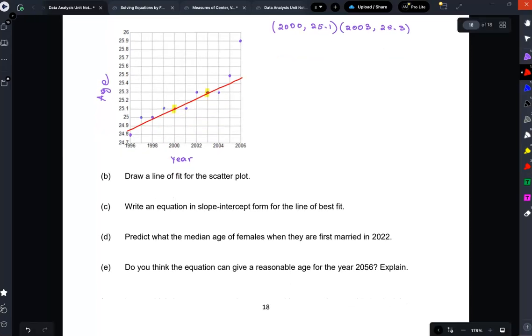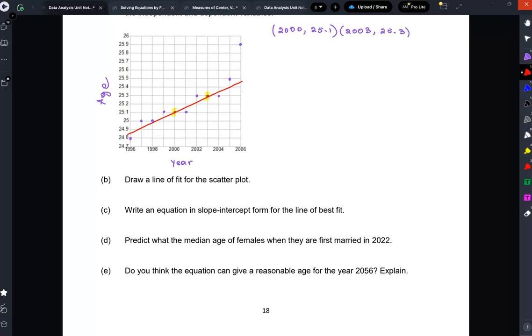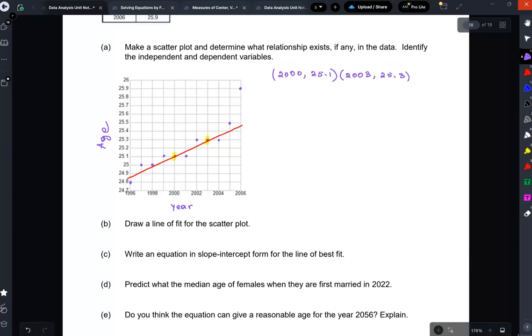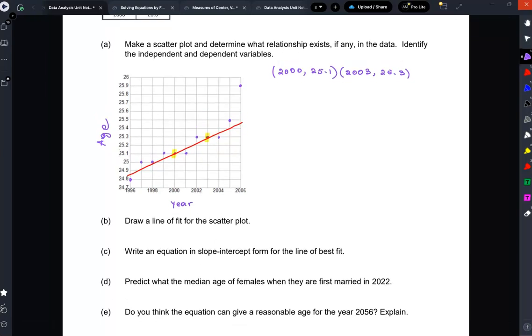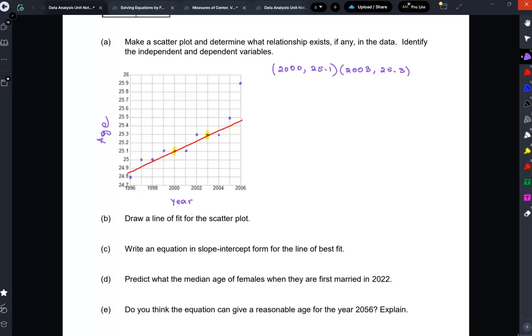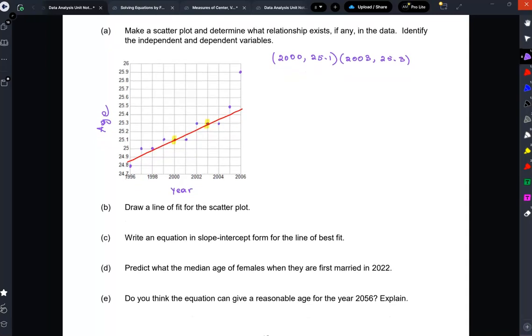Write an equation in slope intercept form of this. So take a look at what I'm going to do. Instead of doing the 2000s, since this is starting at 1996, okay, here's what I'm going to do. M is equal to 25.3 minus 25.1 over 3.